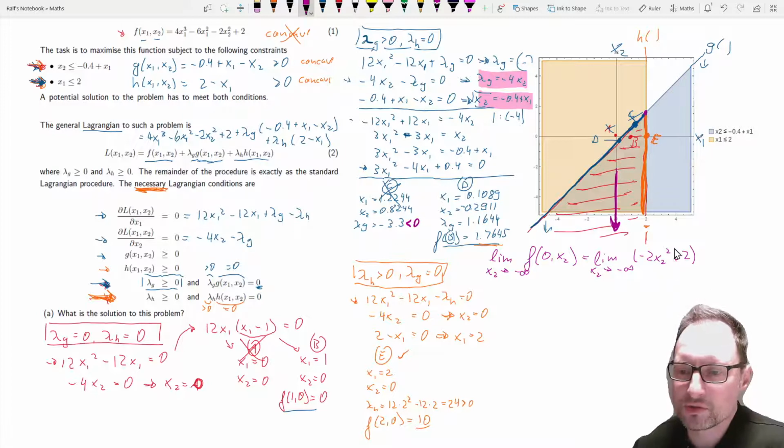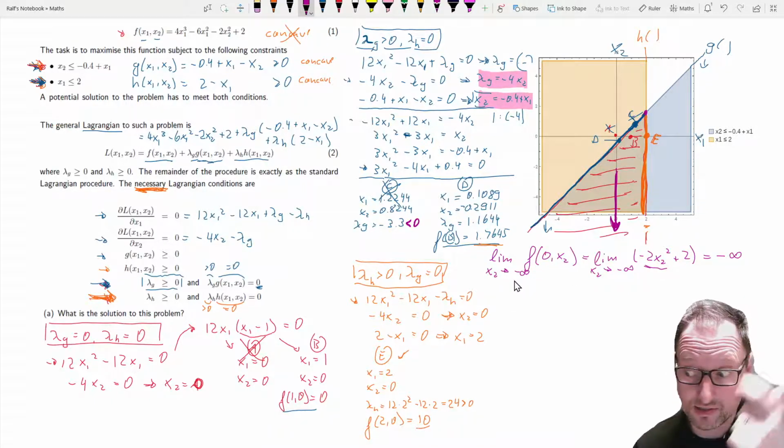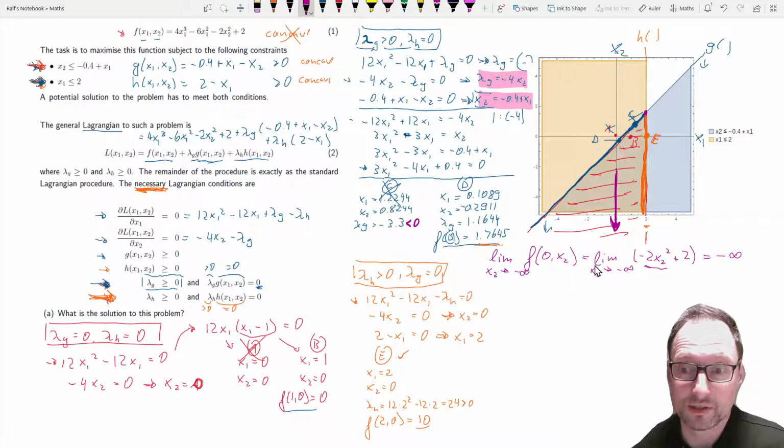So we have x2 squared. If x2 goes to negative infinity, x2 squared goes to positive infinity. But then we are multiplying that with negative 2. So that term goes to negative infinity, plus 2 doesn't change anything really. So the limit of that partial function as x2 goes to negative infinity is negative infinity.